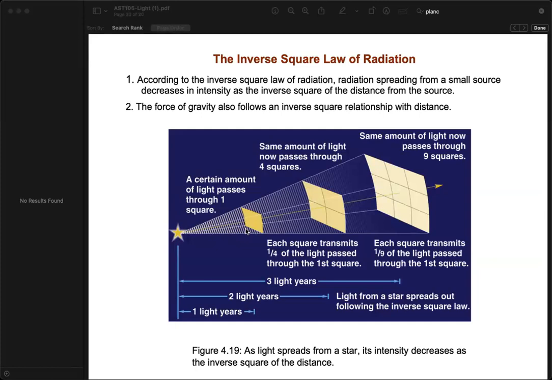Even though this star being so far away from us doesn't look too bright, if we know its distance, we can back calculate how bright it actually is. And then if we can figure out how bright it actually is, we can combine that with the Stefan-Boltzmann law, and that helps us calculate the radius of the star. Okay.